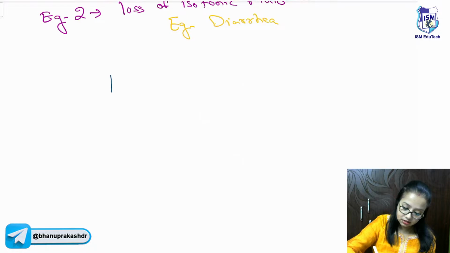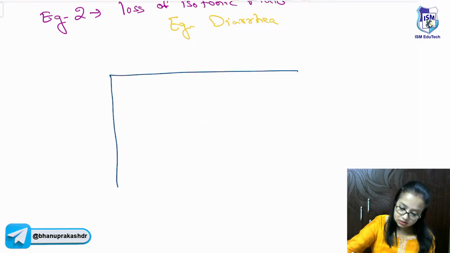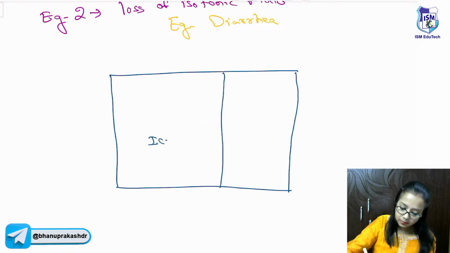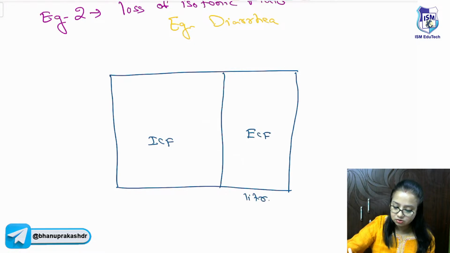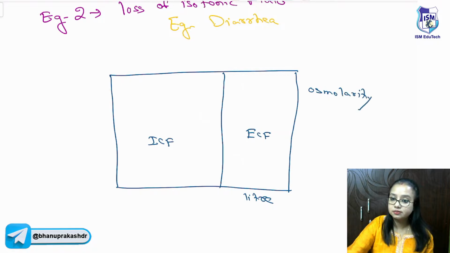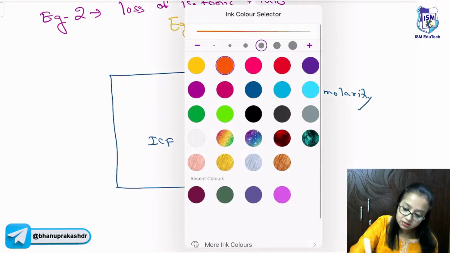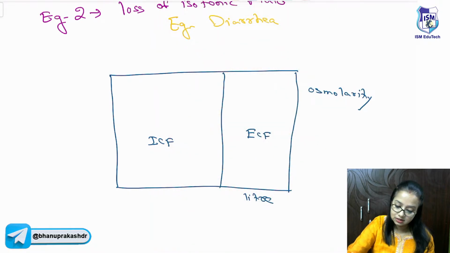So, if this is the cell, this is the ICF and this is the ECF, here we have the volume in liters and here we have the osmolarity. Whenever there is loss of fluid, the first thing that will happen is a reduction in the volume of the ECF.